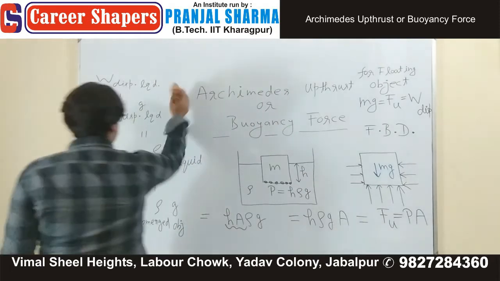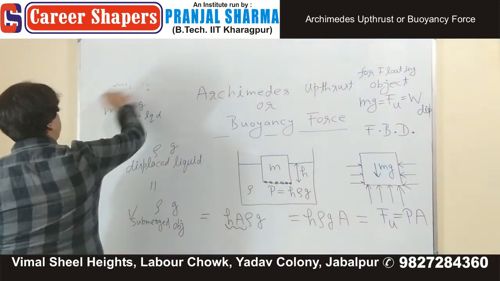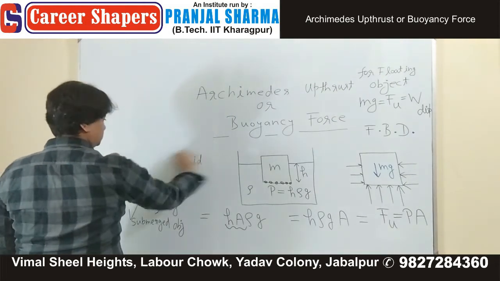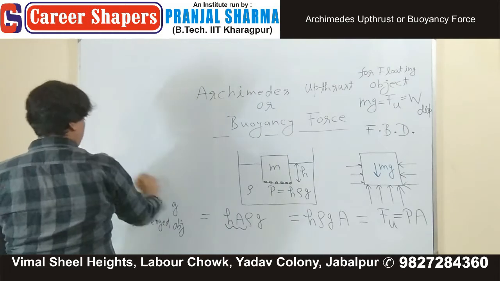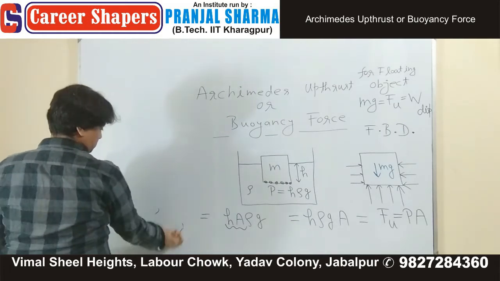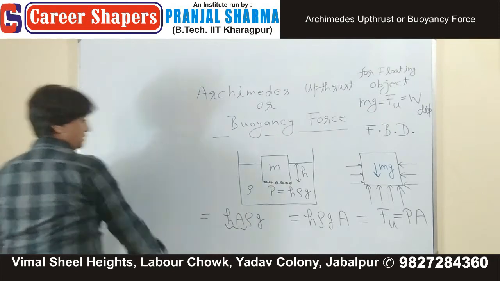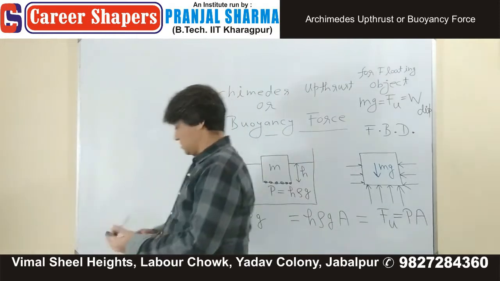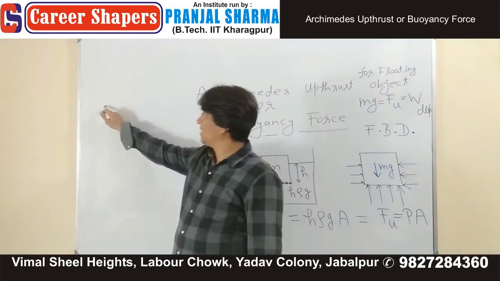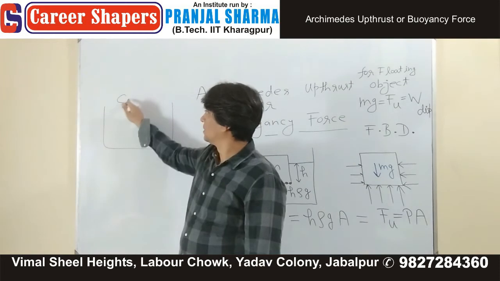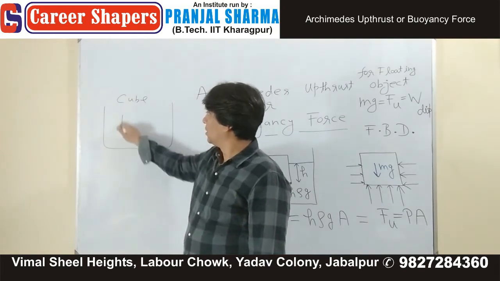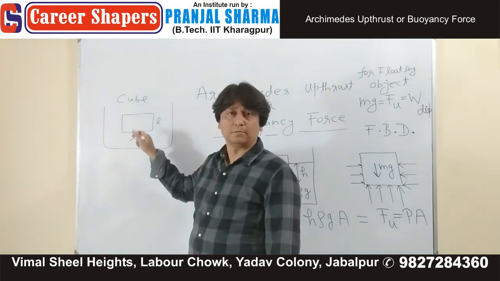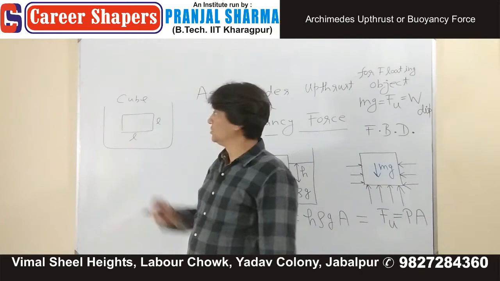Now let's solve a very elementary question first, just for practice, and let's see how many of you will answer this. Look here, we have a cube of side length L. It's a cube, not a square. Remember, it's a cube, a three-dimensional body.